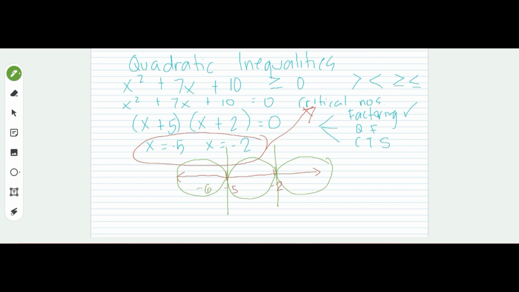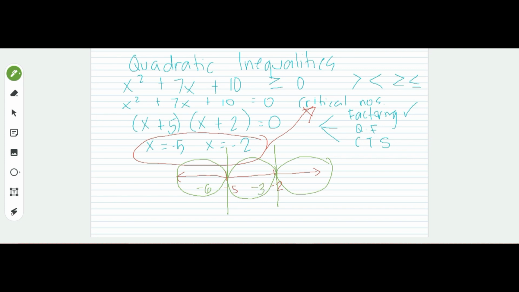Then in between -5 and -2, there are infinite numbers, but what we're going to get is an integer, because that's the easiest. Don't get a fraction or a decimal. You get the integer nearest to -2 so it's easier to compute, and that would be -3.